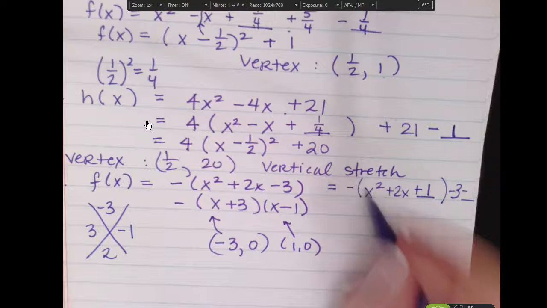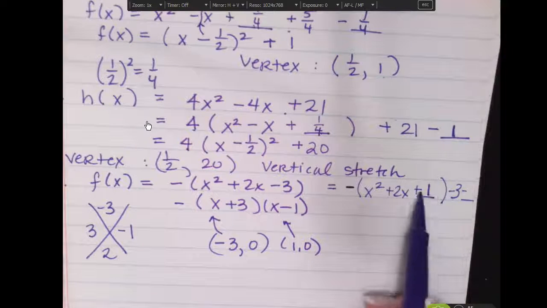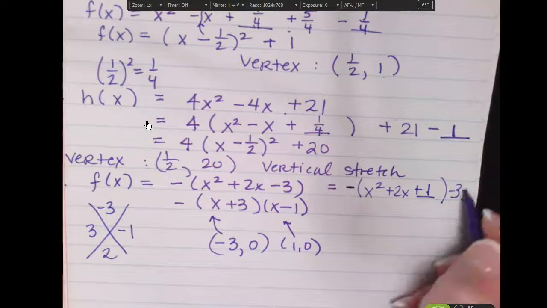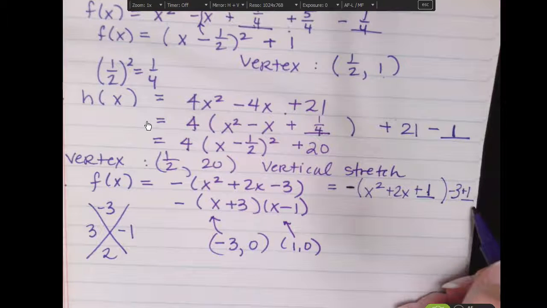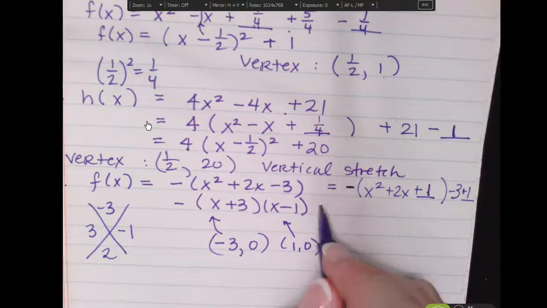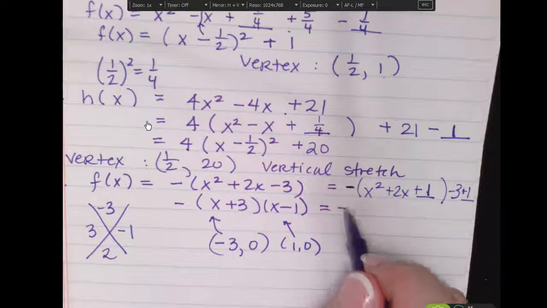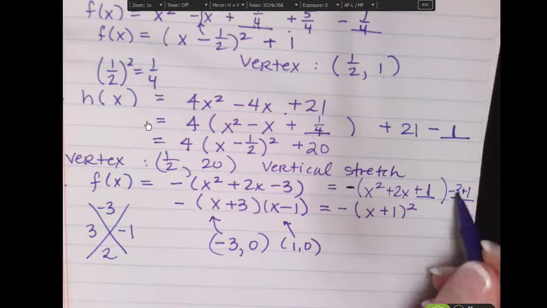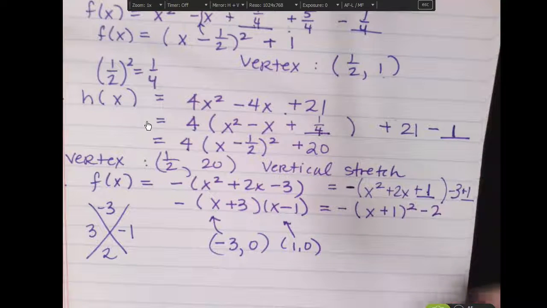So the only issue is I have this negative out here. So even though I added 1 here, it's a negative 1. So then over here I actually need to have a positive 1. So now I'm ready to complete the square. Negative x plus 1 squared minus 3 plus 1 ends up being minus 2.